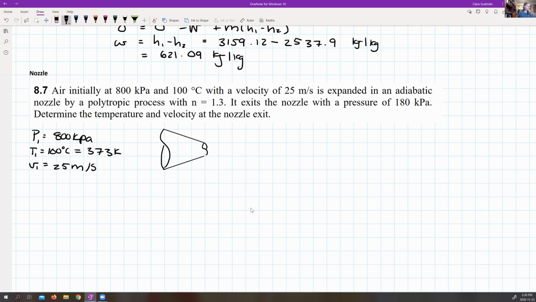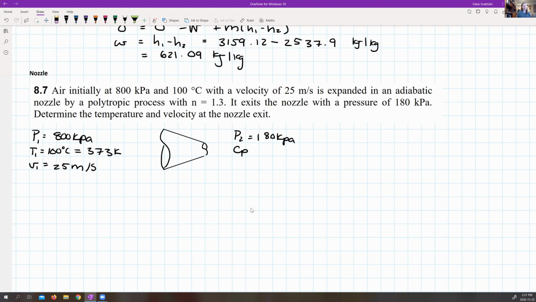I know that the process here has N equal to 1.3, and that at the outlet I have a pressure of 180 kPa. I have a Cp value.